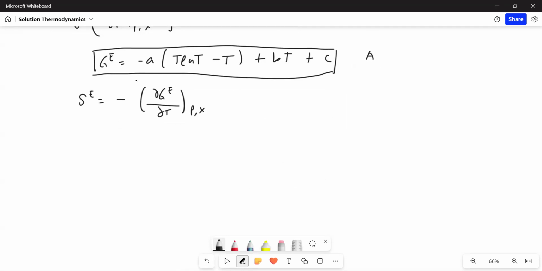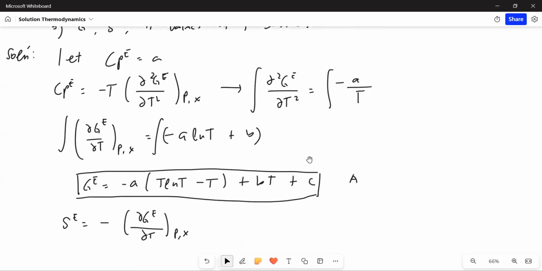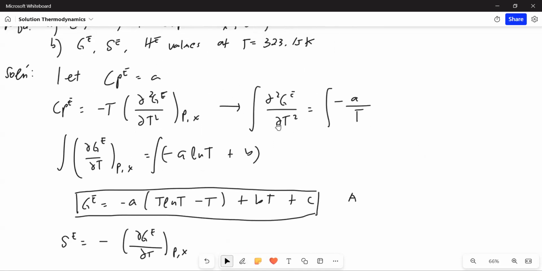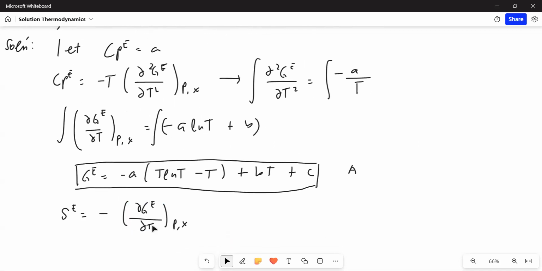And by the way, what do you notice? Our first integration here is actually equal to the excess S, or the excess entropy.